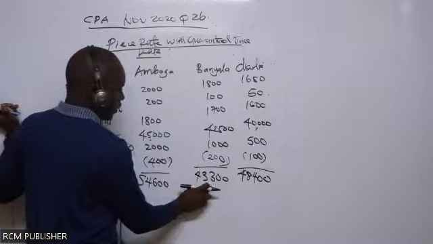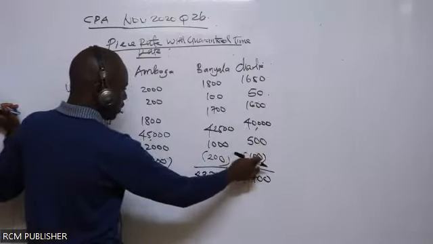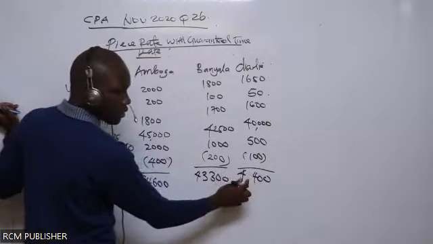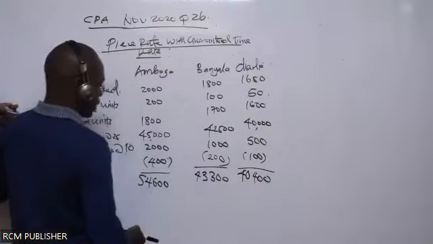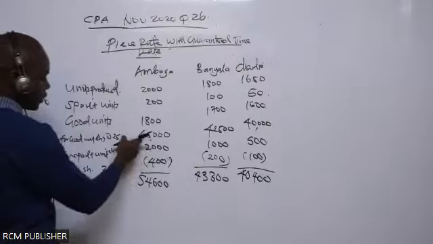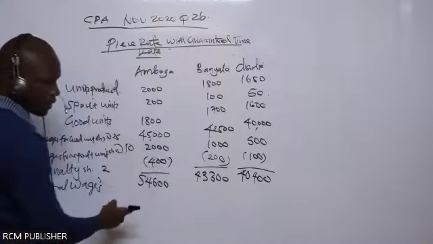That is 43,300. Then here we have 40,500 minus 100, which should be 40,400. Then this one here is 47,000 minus 400, which should be 46,600.